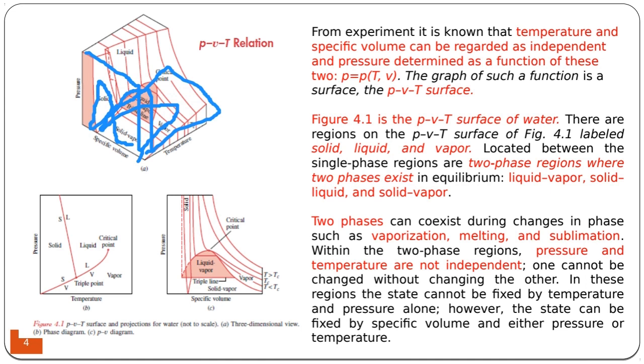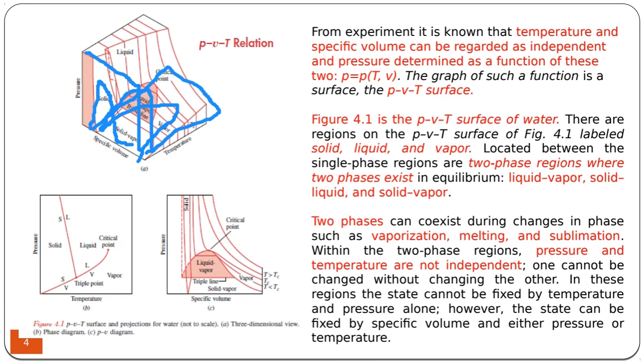So if temperature and pressure are low enough, the carbon dioxide changes phase from solid to vapor directly without passing through liquid, and this phenomenon is called sublimation.